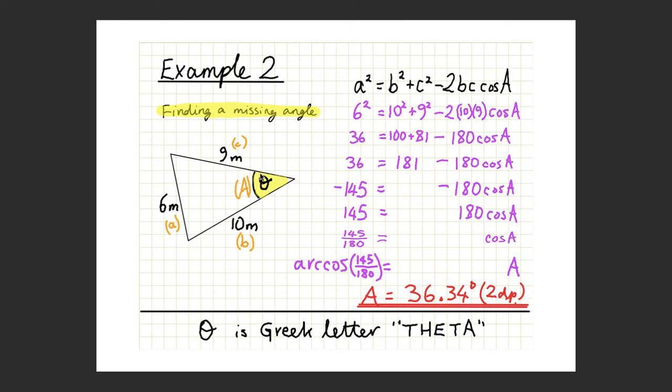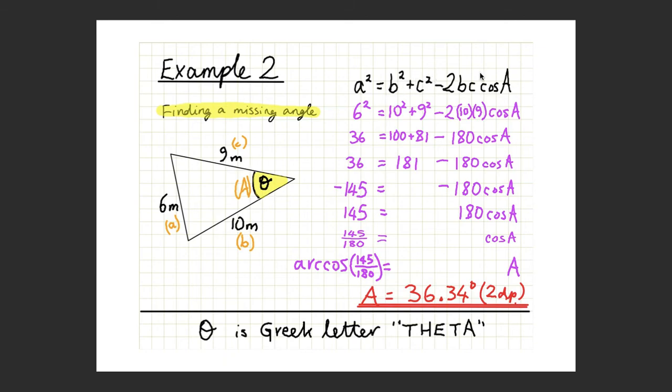That's a missing side. Example 2, finding a missing angle. So let's say we're missing this angle there, which I've called Greek letter theta. Then the side opposite it is going to be labelled as a, that's 6 in this case. And then the b and the c are the two sides that have the missing angle between them. Again, doesn't really matter which way around you label those.